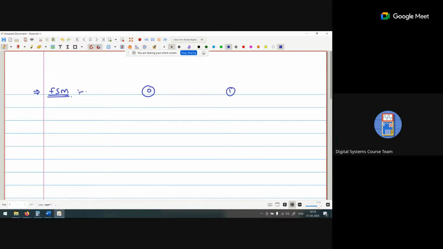Any particular state I just define. With this, 0 to 1, I can go when input is 1 and output is 1, and from 1 to 0, we go when input is 1 and output is 0. Similarly, if input is 0, output is 0.